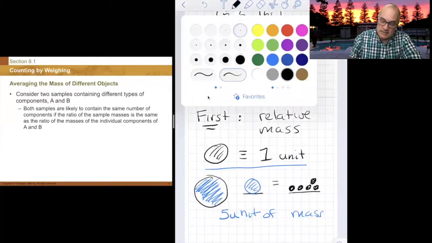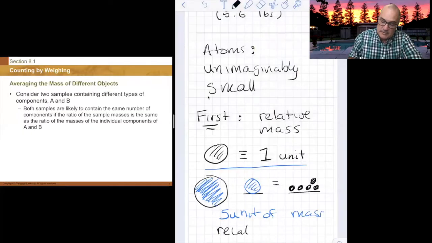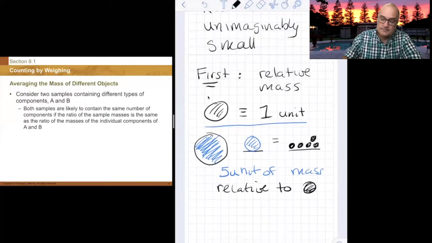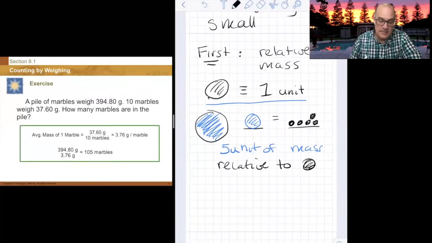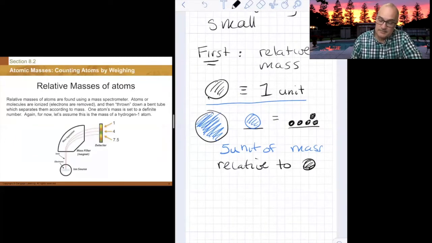And I would say that this is relative to the black atom, right? This is the idea of relative mass, right? Let me catch up here. Now, it turns out that the way we do this in a modern sense is using something called a mass spectrometer, right?